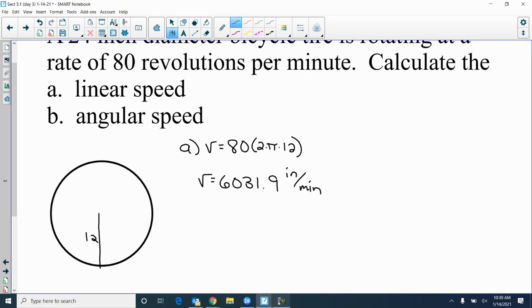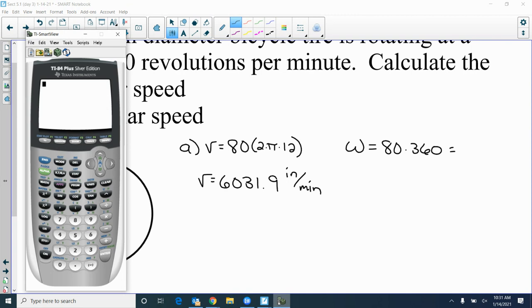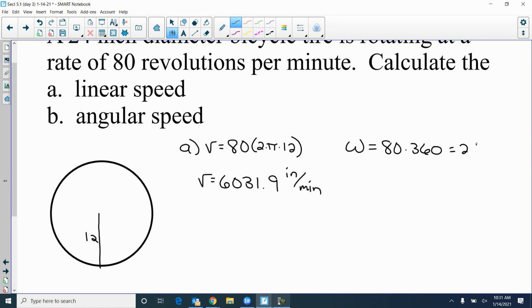The angular speed is gonna be 80 times 360 for degrees. 80 times 360, 28,800. So 28,800 degrees per minute.